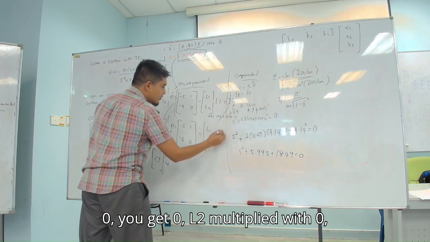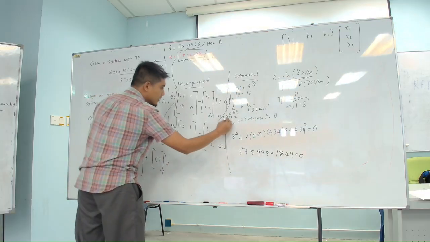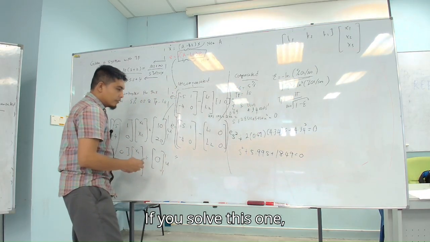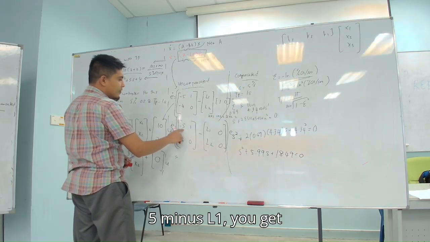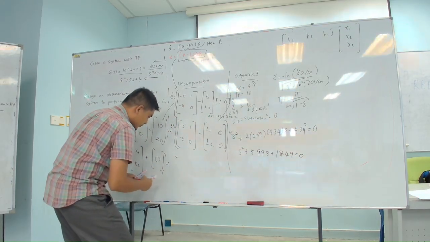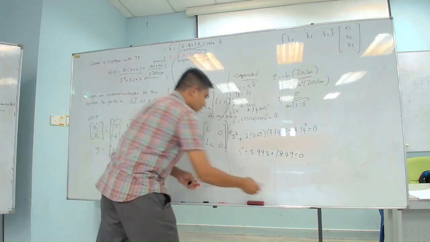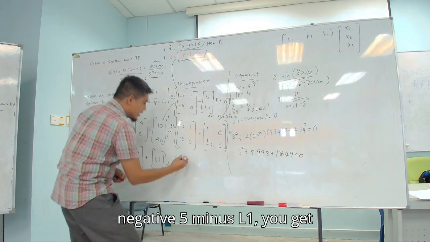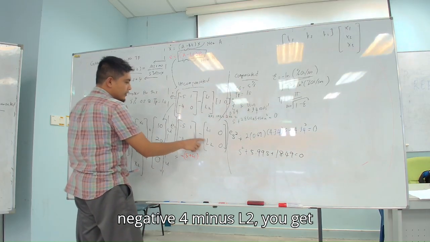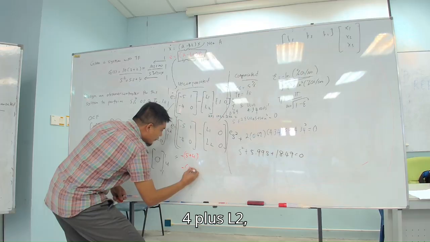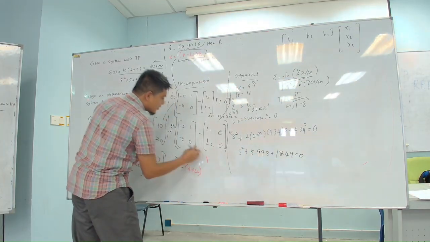L1 multiplied with 0, you get 0. L2 multiplied with 0, you get 0. And then this is your E. If you solve this one, finally you get -5 minus L1, and -4 minus L2. 1 minus 0, and 0 minus 0.